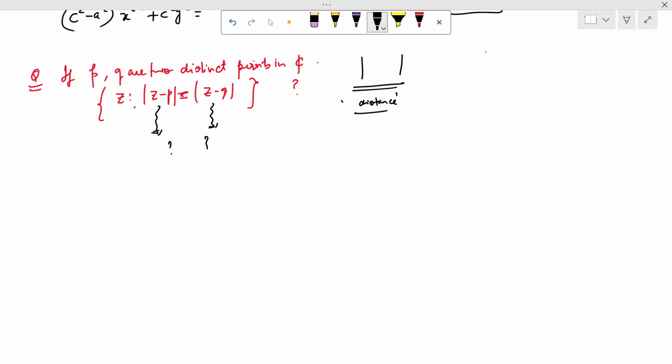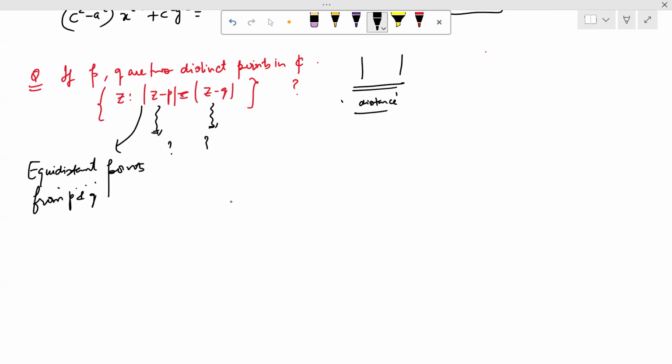So basically, in English, it implies equidistant points from P and Q. Is that clear or not?